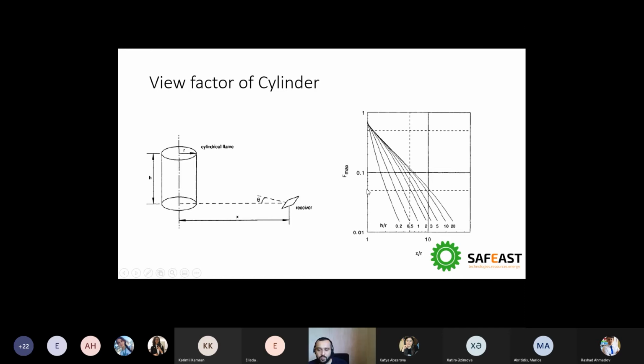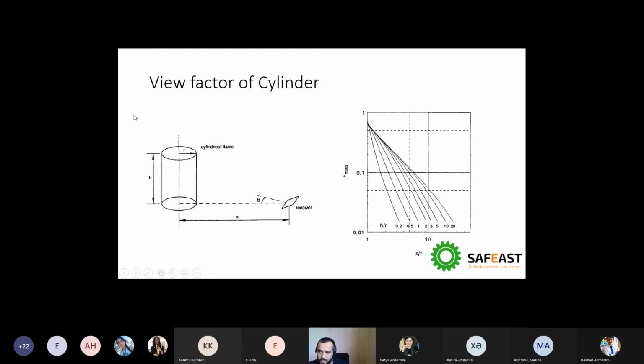Whatever the surface emissive power is, the individual at 100 meters will receive that fraction of it. If it's 100 kilowatts per meter squared and the view factor is 0.04, they will receive just 4 kW per meter squared. Whether that is dangerous or not is a further subject, a damage criteria.